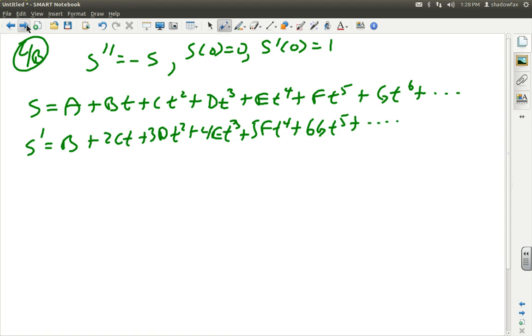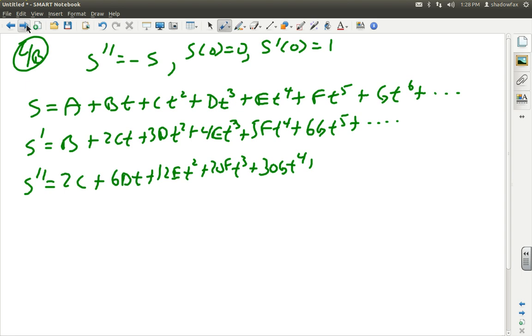And s double prime is 2c plus 6dt plus 12et squared plus 20ft cubed plus 30gt to the fourth plus.